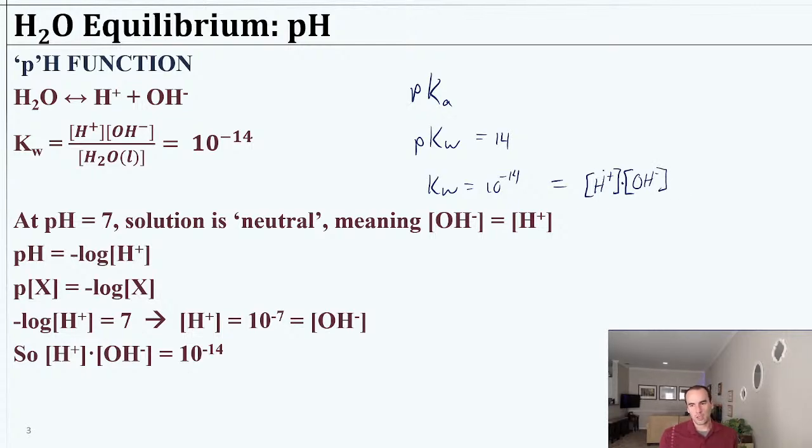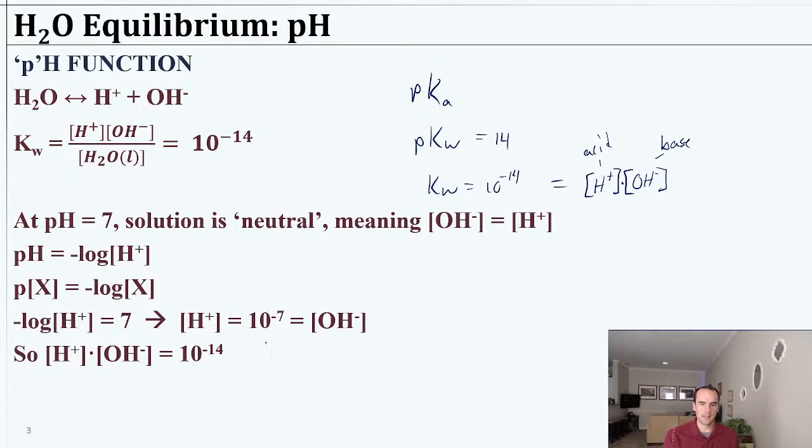So if that holds true, then at a neutral pH, we have the same amount of acid as we have base. And we can kind of describe the H plus as acid and the OH minus as base. That means a neutral condition, they're equal, which means they're each equal to 10 to the minus 7.